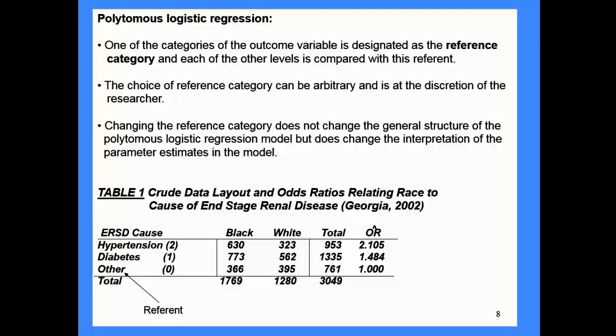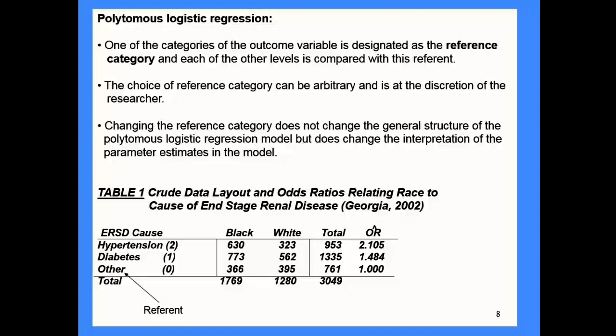But even with the crude table, you can do modeling. Remember we talked about binary logistic regression? If you only have two outcome categories, the model has just the exposure and the outcome, with no other variables you're controlling for. And when you run that model, you get a single odds ratio.